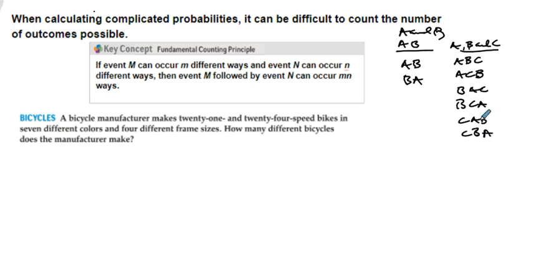So you go from 2 to 6, and when you go up to 4, that's when it starts to get really crazy.